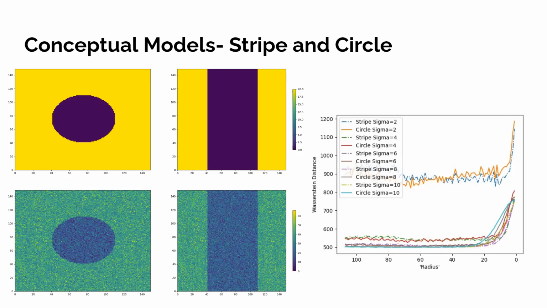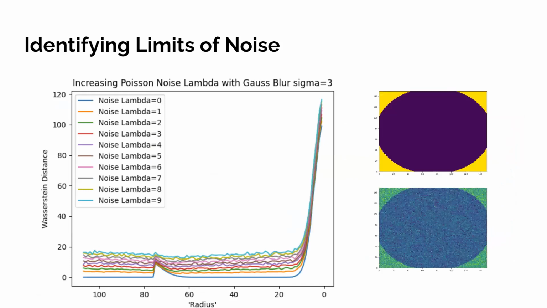The other part of this is that we want to identify the limits of noise. Specifically for this diagram, it looks very similar to the one we just saw. We're going to be increasing the radius of the circle over time, and then we're going to be adding increasing amounts of noise from a distribution. What we see here is two spikes, one when the feature is too small within the image to be identified apart from the noise.